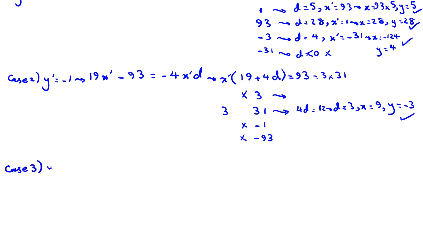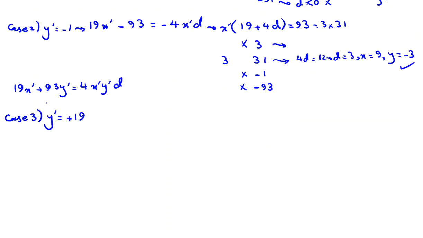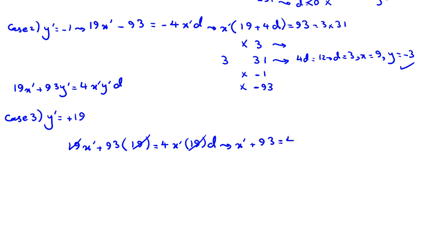So case 3, y' is, let's consider first 19. Our main equation is this, so 19x' plus 93y', which will be 19, equals 4x' times 19d. If we cancel both sides by 19, then we have x' plus 93 equals 4x'd.